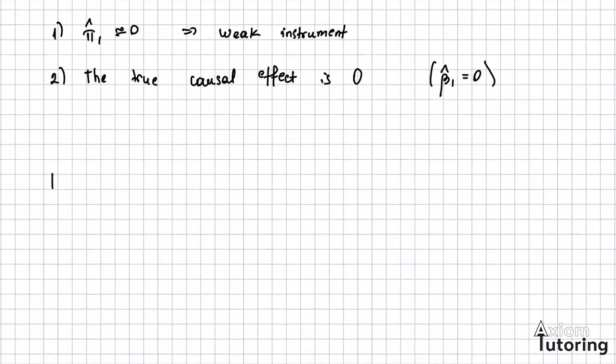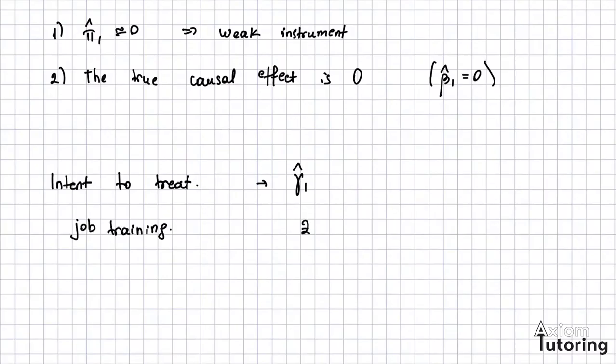Moving on to the intent to treat. In program evaluation, and especially medical research, the reduced form coefficient is called the ITT, or intent to treat effect. Imagine a job training program, okay?